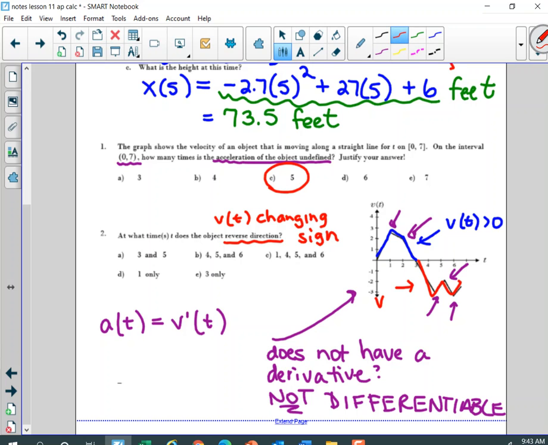This is all my negative velocity scenarios, less than 0. So when does the direction change happen? Just at 3.